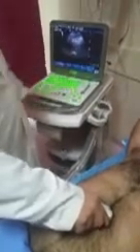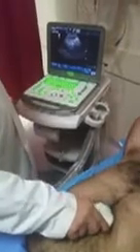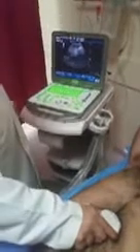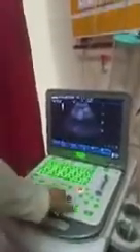After seeing the liver, when you go through the subxiphoid area and aim your probe towards the patient's left shoulder, you will see the left lobe of the liver, and underneath the left lobe of the liver, you will see the heart chambers clearly.